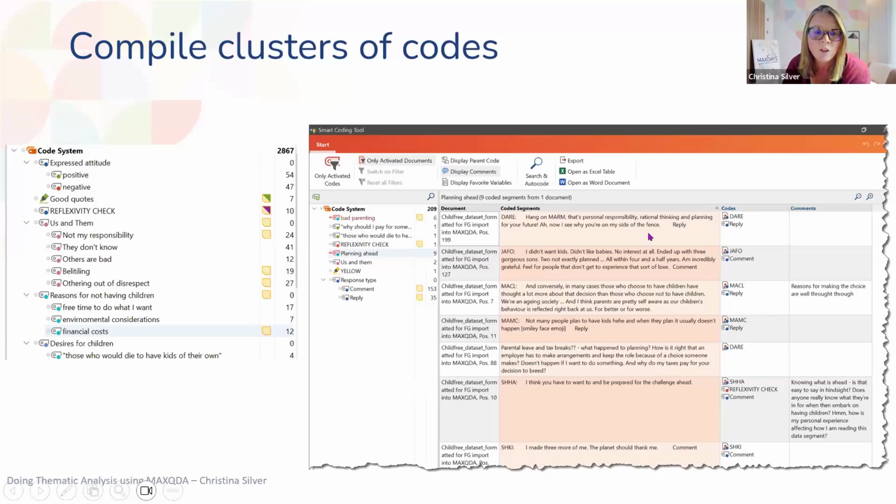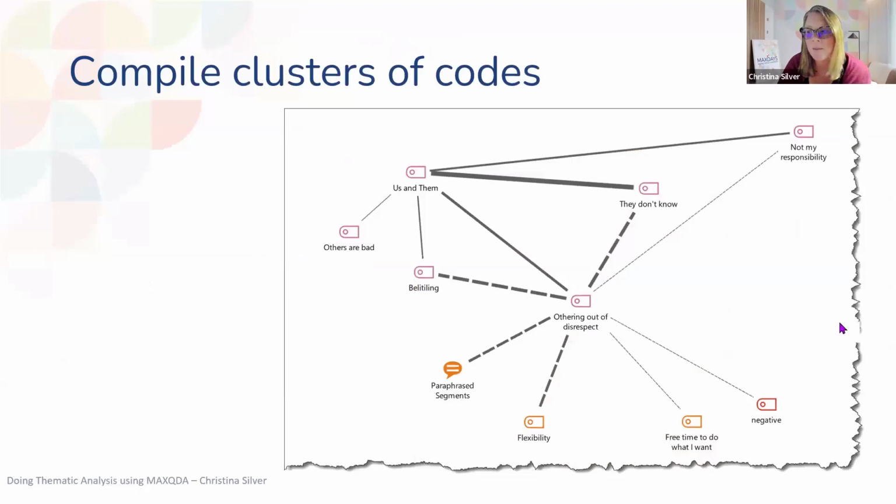We can also visualize that and work with that in maps and use the creative coding tool. There was a spotlight on creative coding earlier, I believe, which would be a really good one to have a look at as well. But here we can see that the thicker lines are beginning to show us relationships between codes, which is also going to help with thinking about what the potential themes might be.